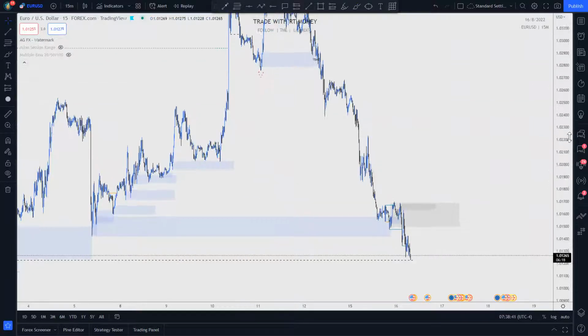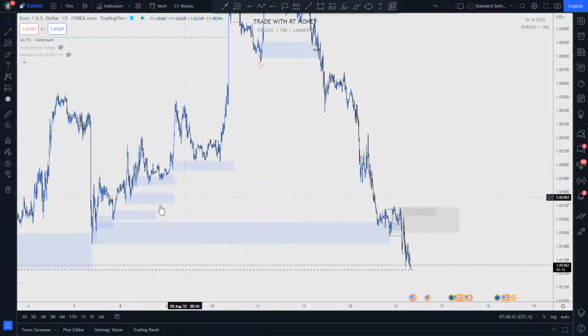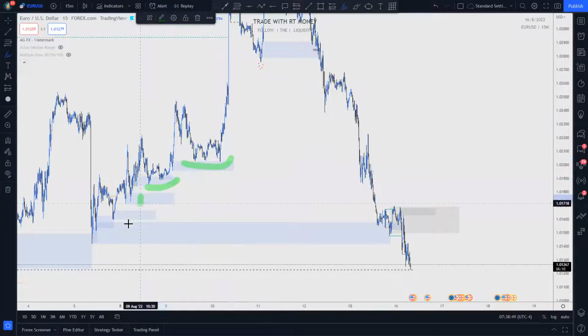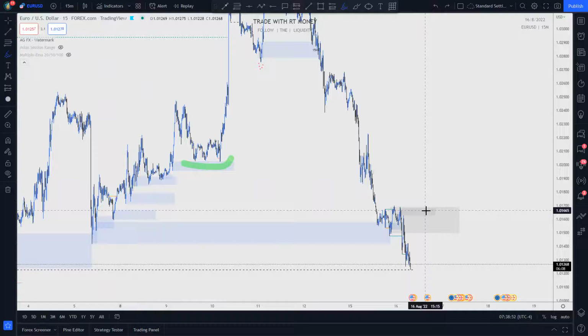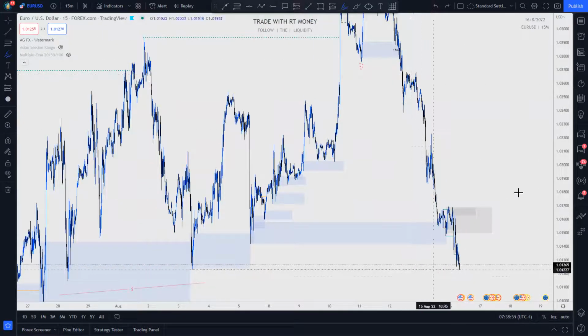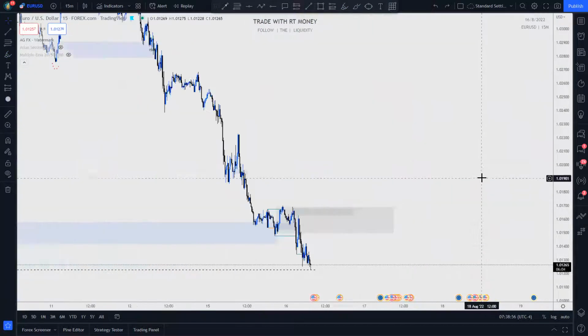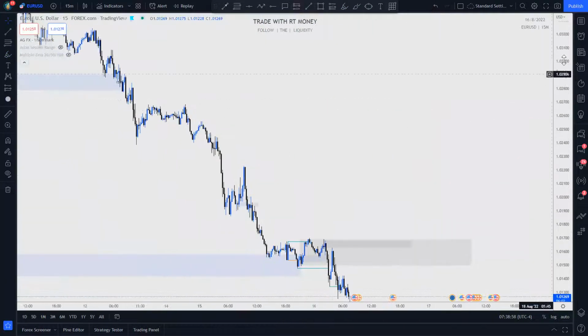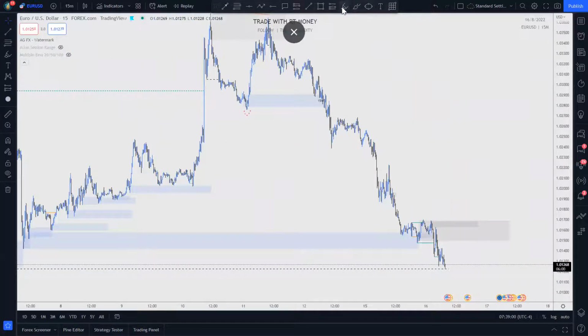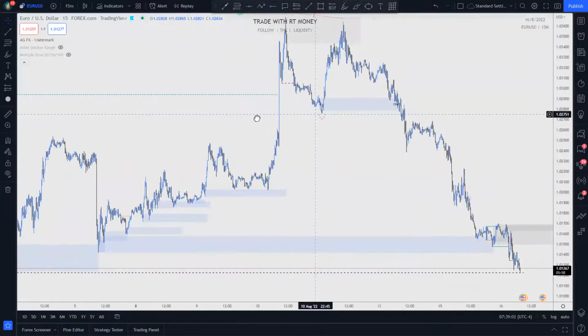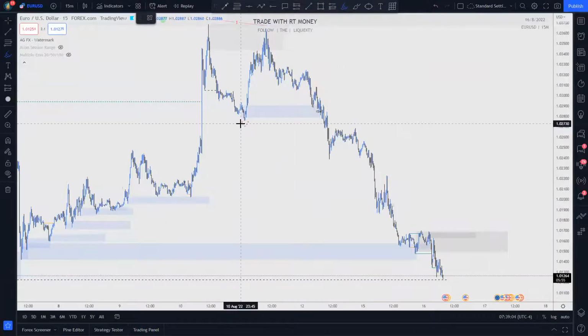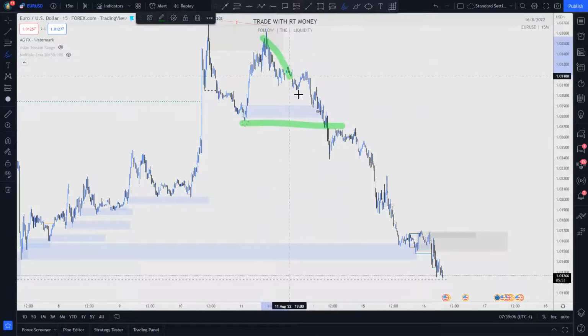Now, what I want you to notice is price is attacking this sell side liquidity here. All these points are sell side liquidity, and price is taking them out. And what are we doing along the way? On the 15-minute, we're making lower lows, lower highs, right?